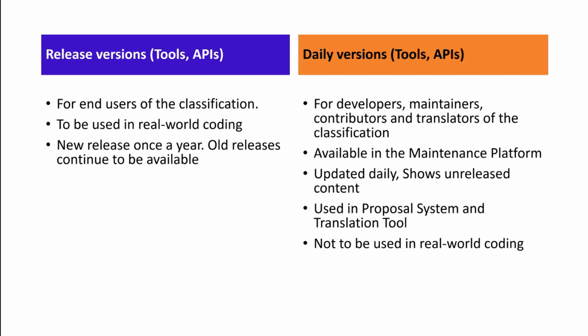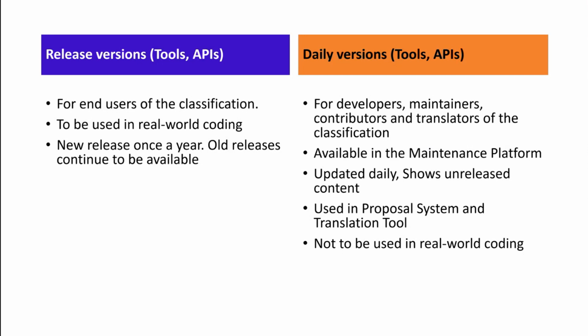Daily versions, on the other hand, are for developers, maintainers, contributors and the translators of the classification. So in our proposal system, when you go in there, it will show the latest version so that the author of the proposal sees the latest snapshot and proposes the changes according to that. Similarly, the translators see the latest content so that they can catch up with the translation, not necessarily waiting until we make a new release.